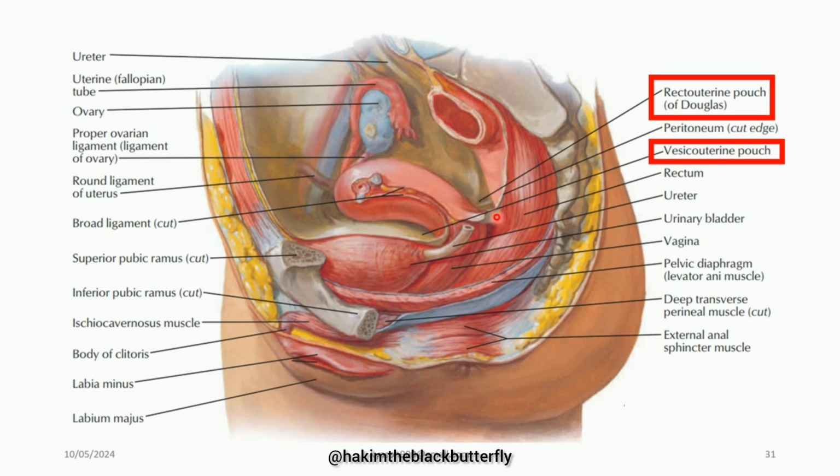Mostly this one here is the one that is always looked out for because it is large and it can hold more. Okay, so in case there is a PID, the fluid here is going to be so much, and that is an indicator that this patient has got a pelvic inflammatory disease.